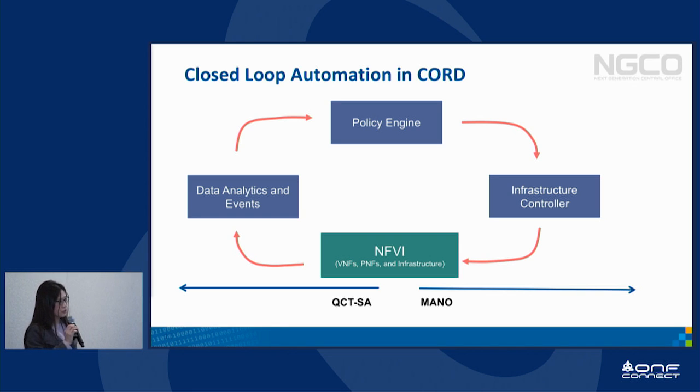The infrastructure controller is used to interpret the action into commands for particular devices or services, and then use those commands to configure the NFVI to adjust the entire system.